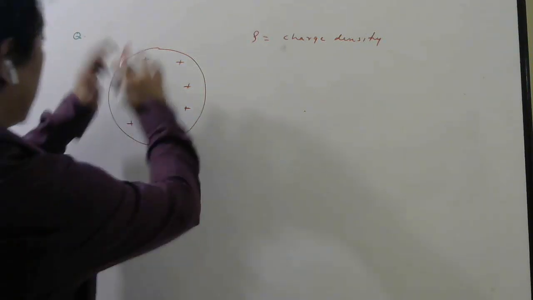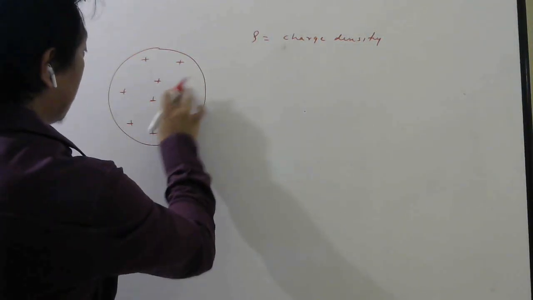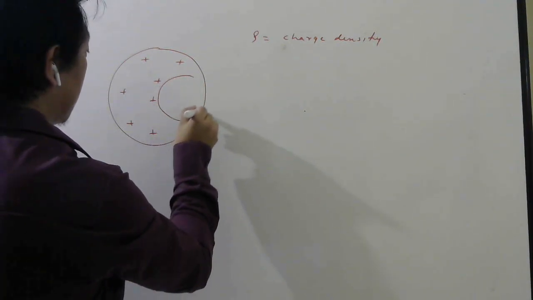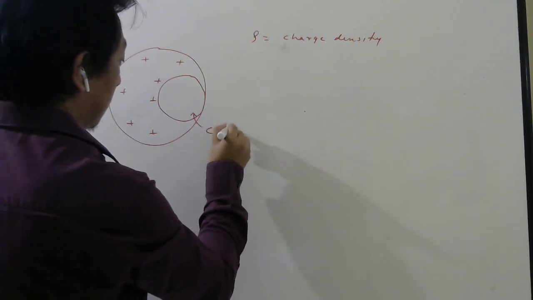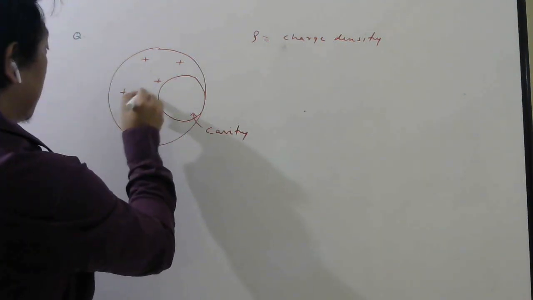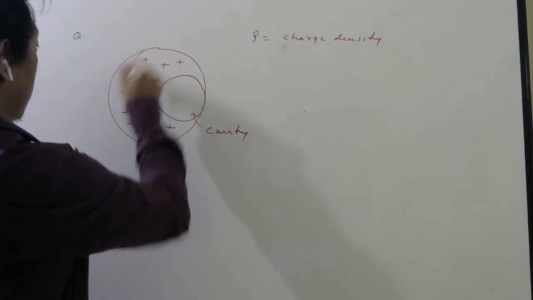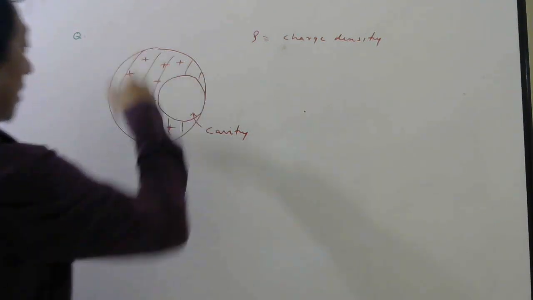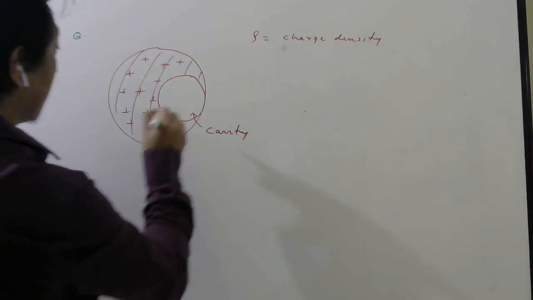Volume, because this is a sphere. Now what are they doing? They are making a cavity here. So this much is the cavity, and the charge is only in this part. It is uniform. These lines represent charge, let's say. So here there is charge, here there is a cavity.